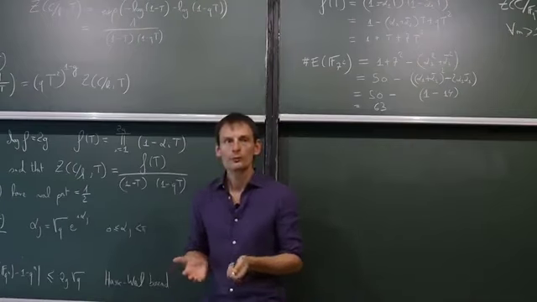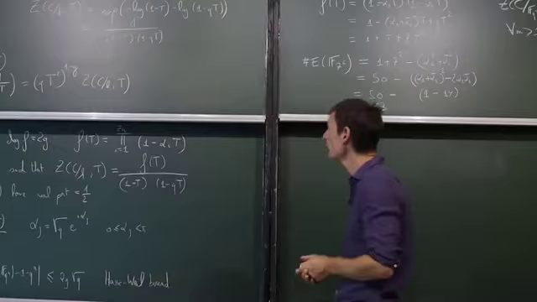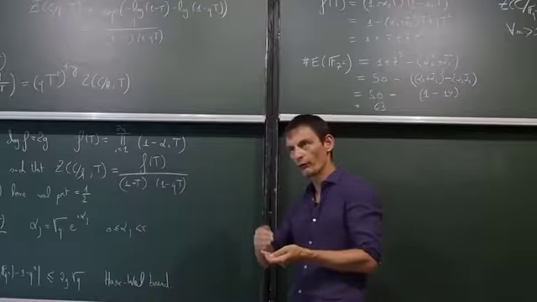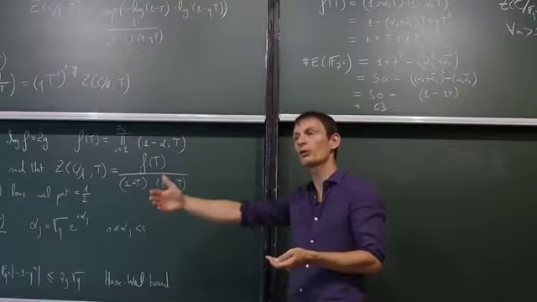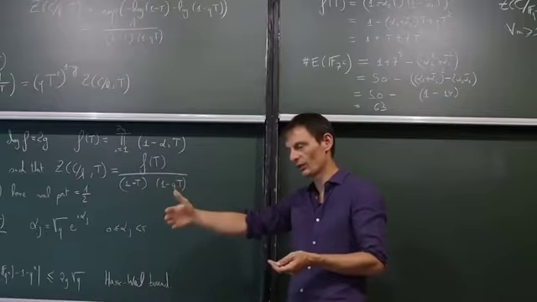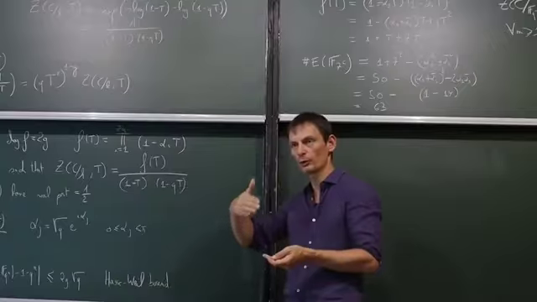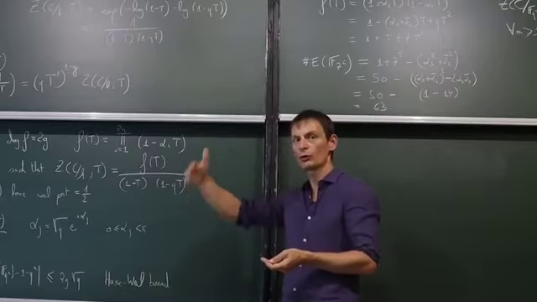How would you do it? Well, you could simply take more or less the definition. It would be enough to compute the number of points over every extension up to the 2g-th extension, which means that for a curve of genus 6, you would have to compute the number of points over F_q, F_q squared, F_q cubed, up to F_q to the 12.